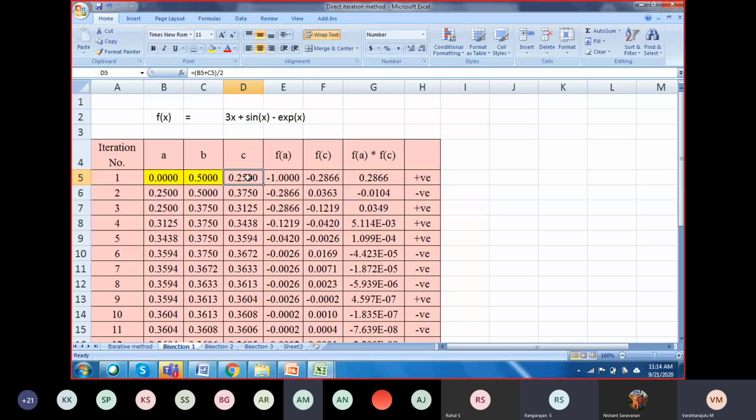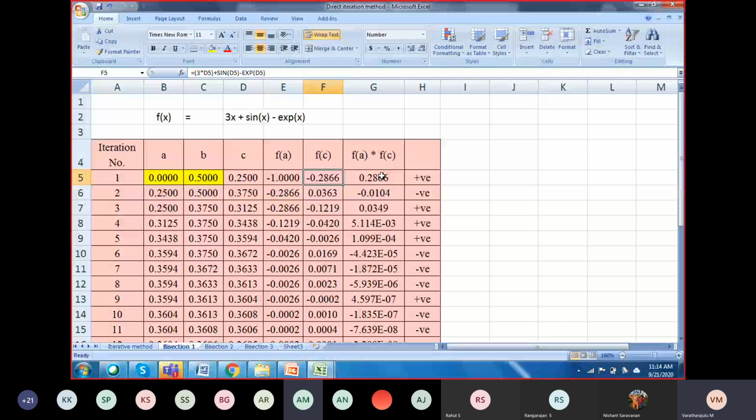And f of a: 3 into a times sin a, minus exp within brackets a, which returns the exponential value. Similarly, calculate f of c. Now take the product of f of a and f of c. This is f of a, this is our f of c, and here this is the product of f of a and f of c.